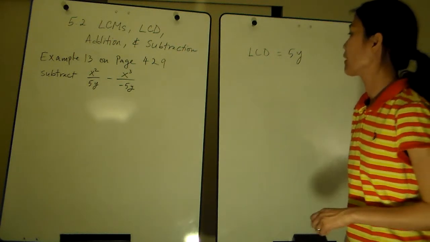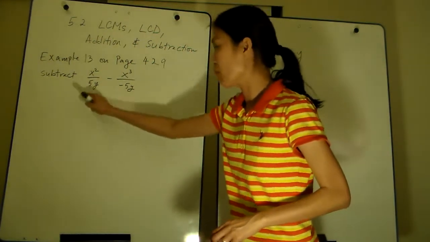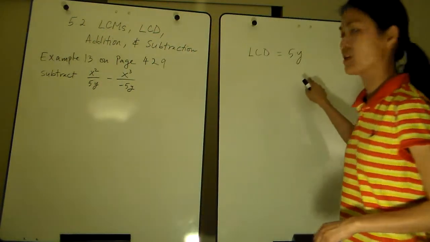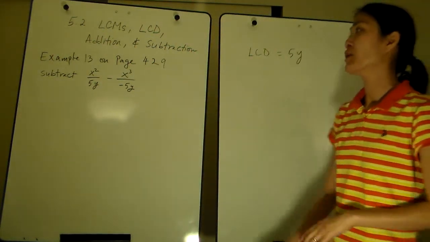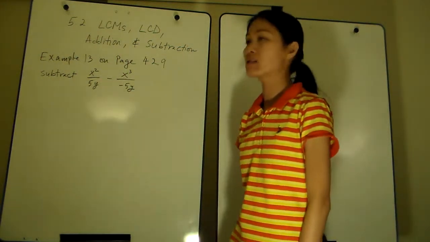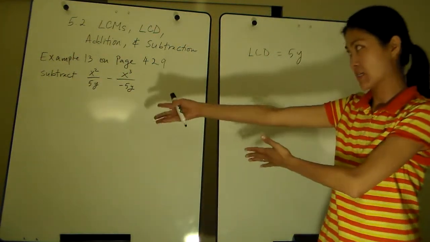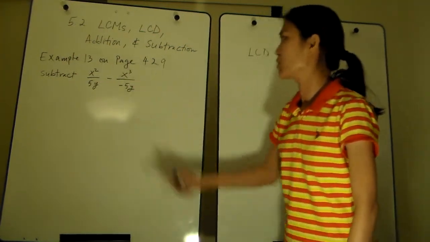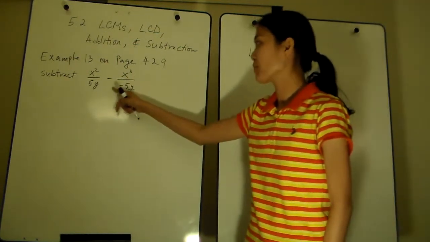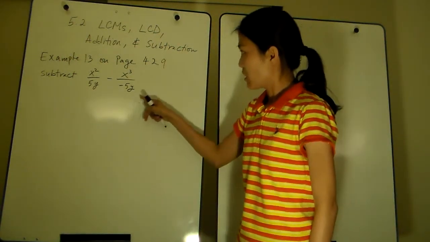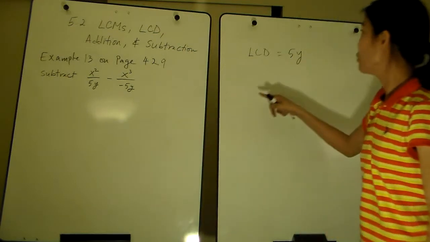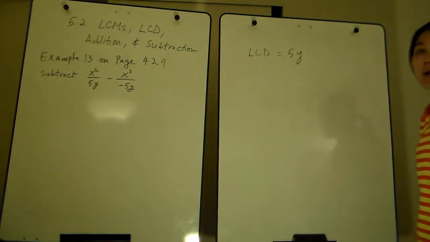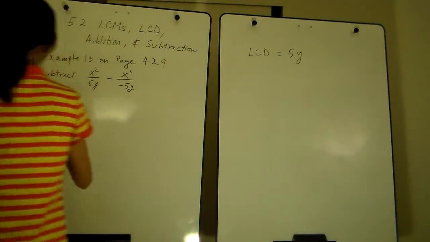So that means the first fraction already has denominator as the LCD, 5y. So we're not going to modify its denominator at all. Leave as is. For this second fraction, we need to convert the denominator negative 5y to the LCD 5y.